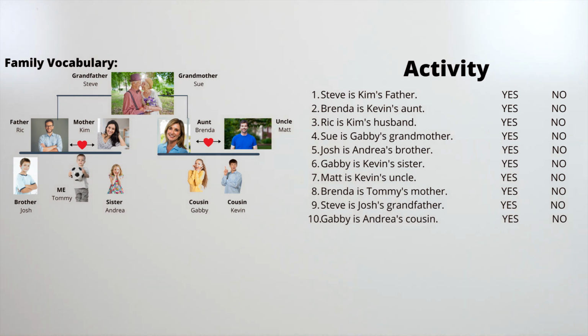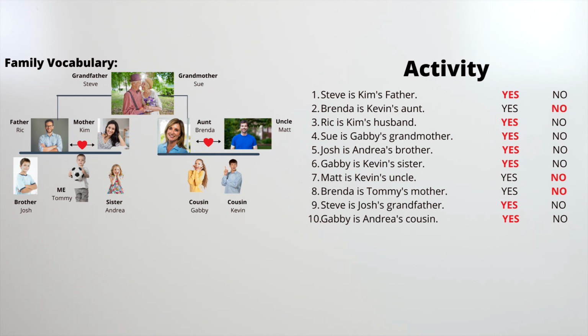Number 1 says, Steve is Kim's father. You should have said yes. Number 2 says, Brenda is Kevin's aunt. The answer to number 2 is no. Number 3 says, Rick is Kim's husband.